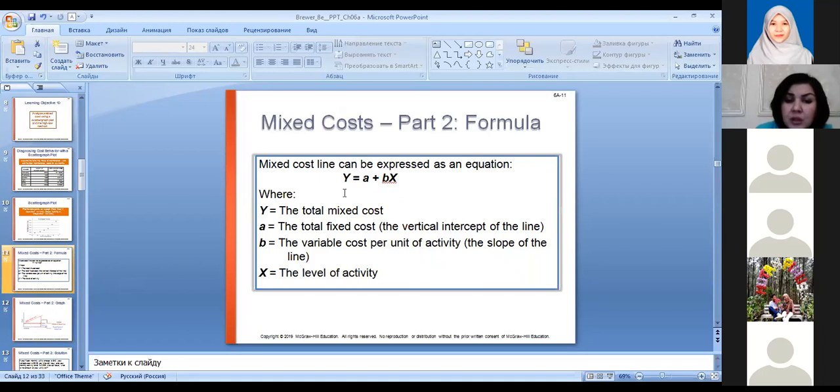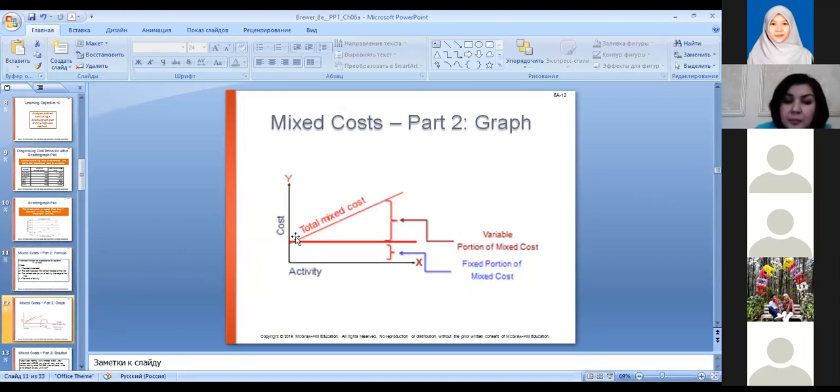This is A in our equation, and B is the variable cost per unit of activity, so the slope of the line. Let's look at this. B is the slope of this line. So what is the slope?